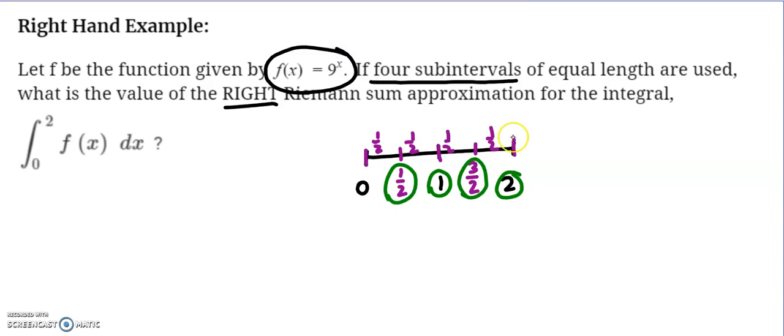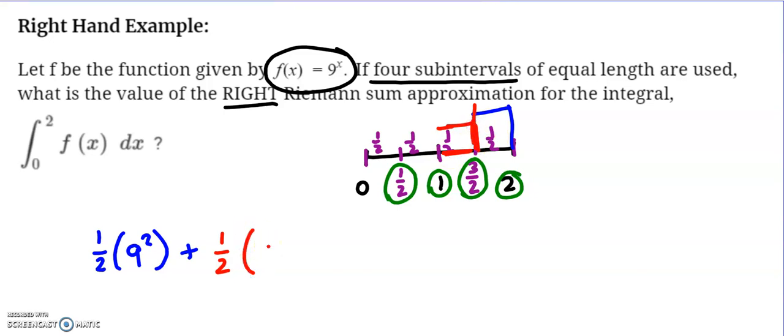So my first right-hand rectangle, I'll draw this one, we'll say it's in blue, is going to have a width of 1/2 and a height of f of 2. My second rectangle is going to have a width of 1/2, right? So it's coming over this way, so a width of 1/2, and a height of 9 to the 3/2.